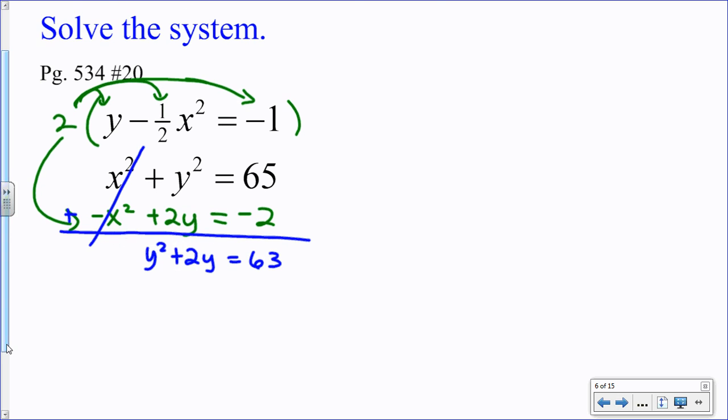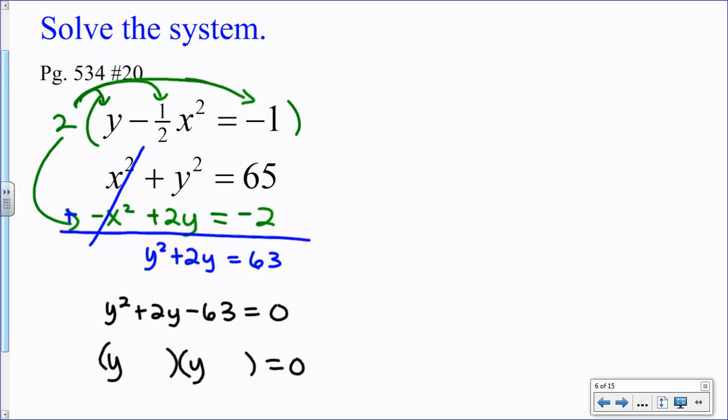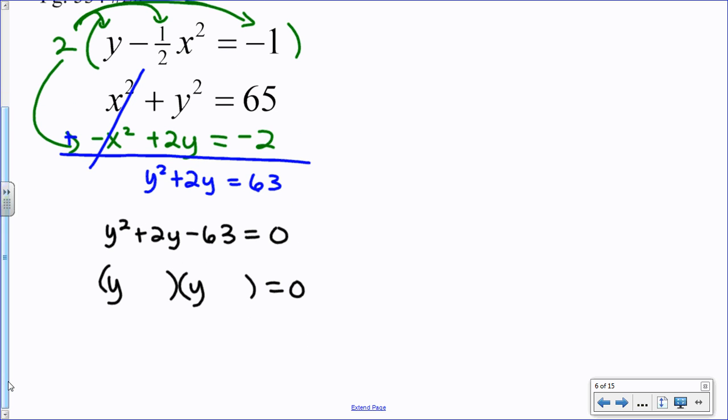Get it equal to 0, and then factor or use the quadratic formula. This one is already pretty easy to factor. What multiplies to be negative 63 and adds to be positive 2? Good. Positive 9 and negative 7. So y equals negative 9 and y equals 7.